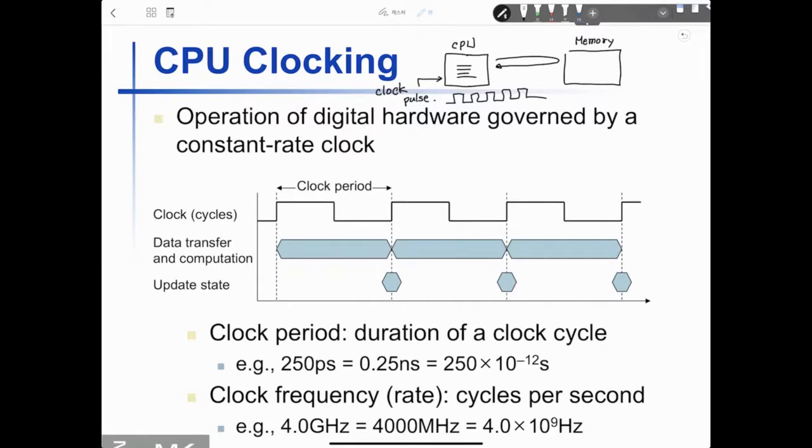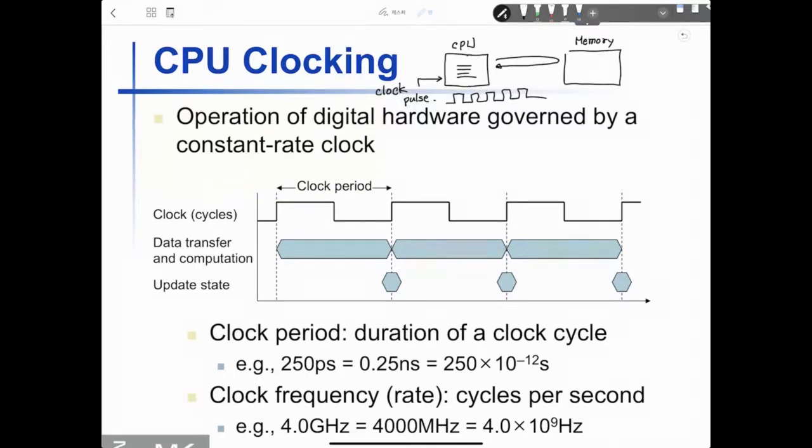Not only the CPU, but almost every hardware component is governed by the clock. So the performance of the processor depends on the number of clocks. Let's look at the clock. The clock is just a 0, 1 value.